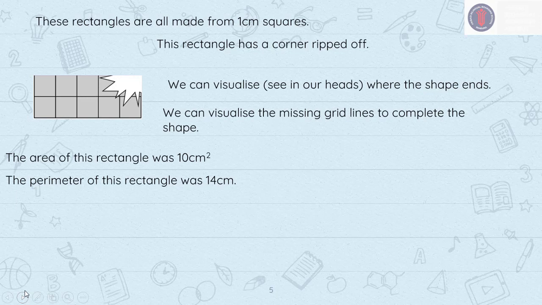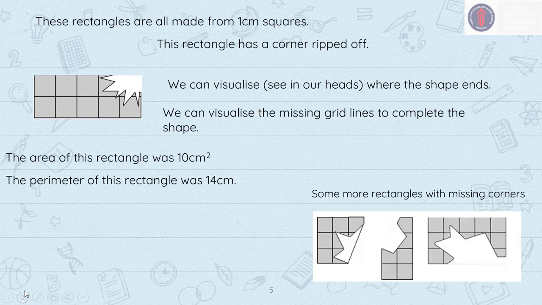And the perimeter, you just count the line, but only the outside. The outside, not the insides. There are 14 centimeters. Good. Now let's see some more rectangles with the missing corners. See the first shape.